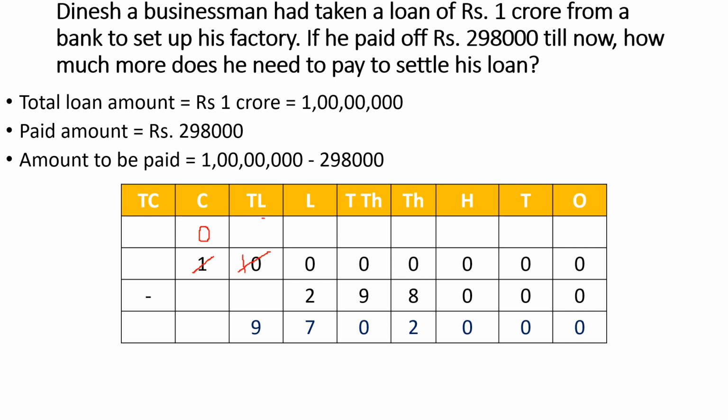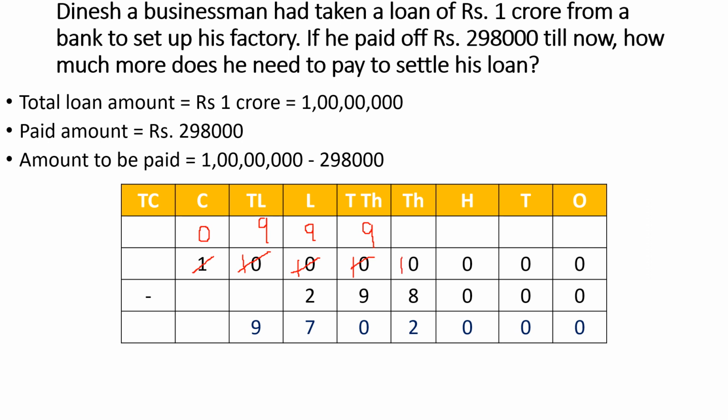It will be 9 and it will be 10 now. Now we can borrow from here. It will be 9 and after borrowing it will be 10. Again we will borrow from this 10 and it will be 9 and here it will be 10.